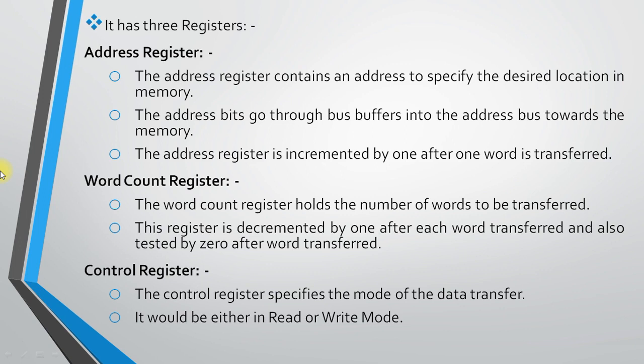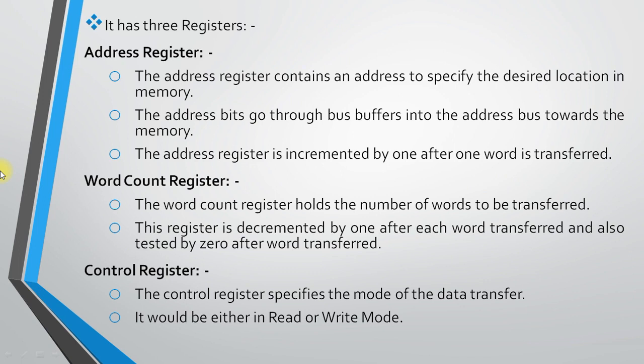So there are 3 types of registers available. The address register is responsible for specifying the address of your desired location in memory. With the help of the address register, you go through the bus buffer into the address bus towards the memory. The address register is incremented as you transfer one word at a time.